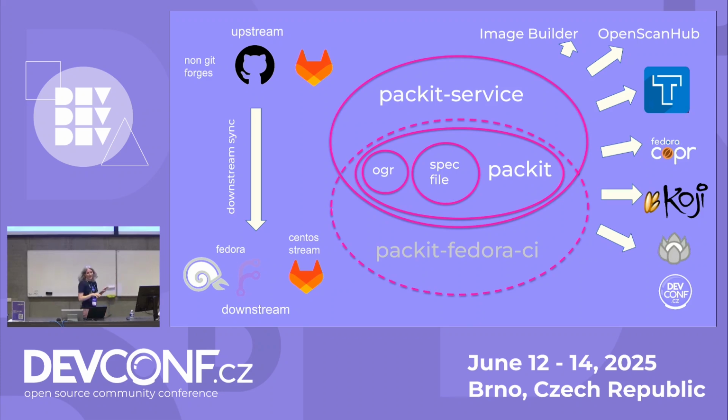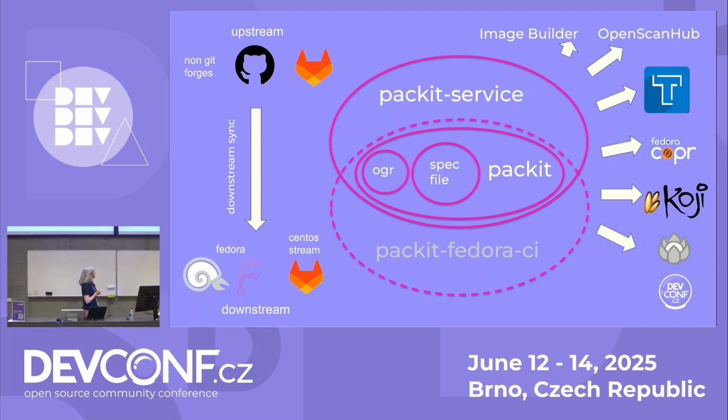This is a really quick overview of many different Packit features. In the middle, you can see the Packit code structure. We have a core code base named Packit, and in this talk, I will show you the release of this main module in Fedora, the release of Packit 1.0.